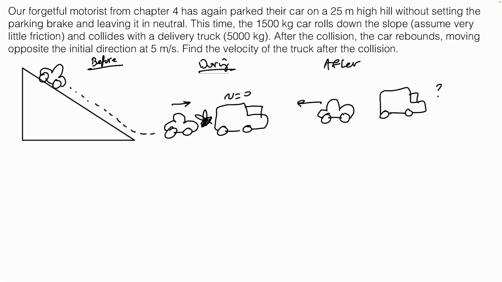So let's see, what do we know? We know the mass of the car, we know the mass of the truck, but the only thing they tell us is that we've got a 5 meter per second rebound. We've got to be careful with directions. Momentum, velocity is a vector, all that sort of stuff. So what do we want to call that 5 meters per second if it's bouncing back?